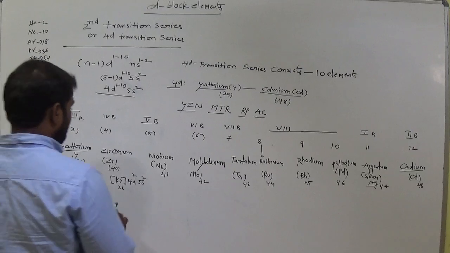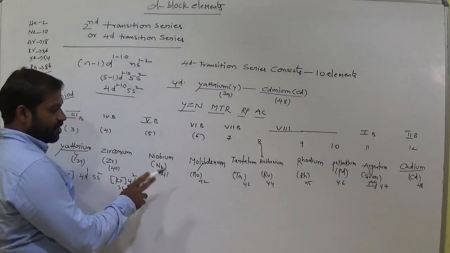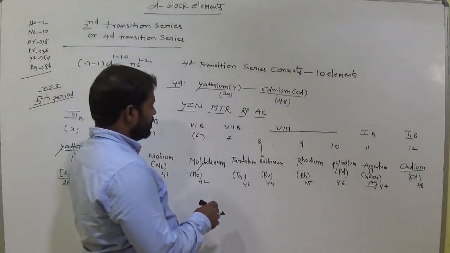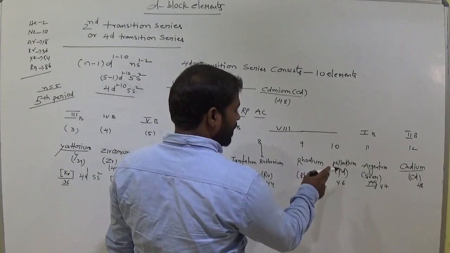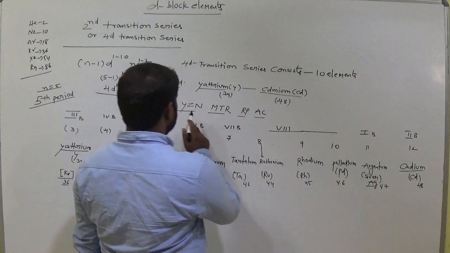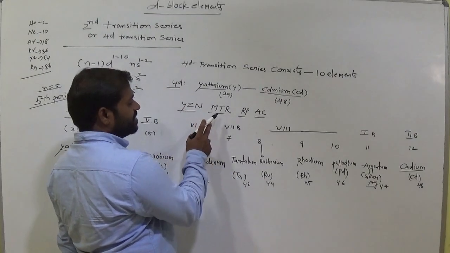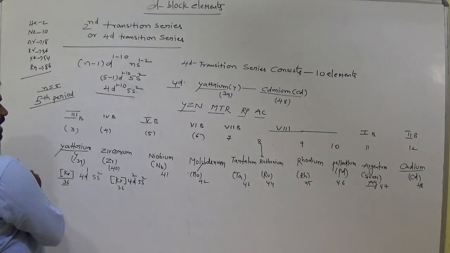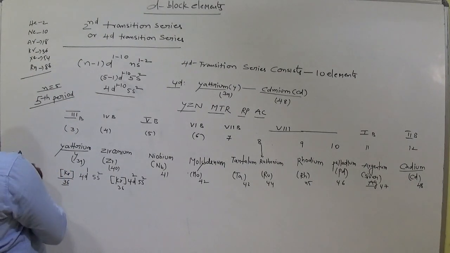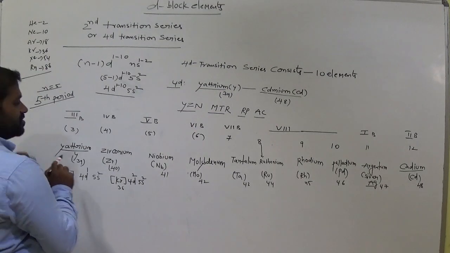So yttrium, zirconium, niobium, molybdenum, ruthenium, rhodium, palladium, argentum, cadmium. This is the short trick: YZ and MTR, okay, and RPAC. So a small correction here.